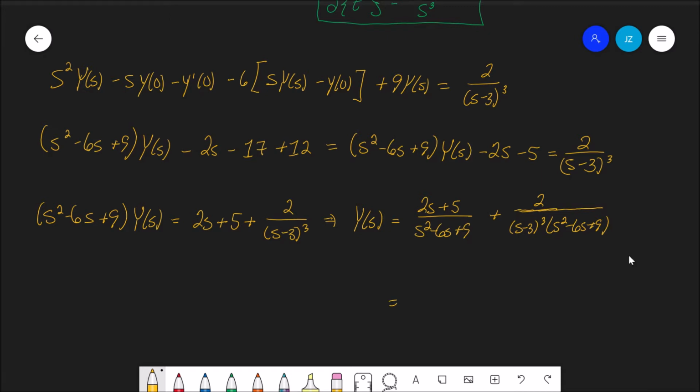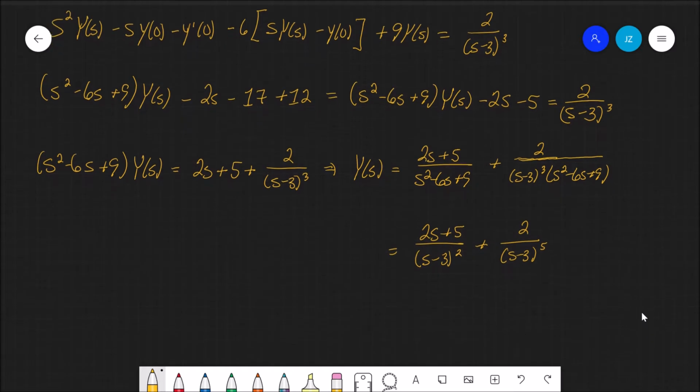But s squared minus 6s plus 9 factors to s minus 3 squared. So we have 2s plus 5 over s minus 3 squared plus 2 over s minus 3 to the 5th power.